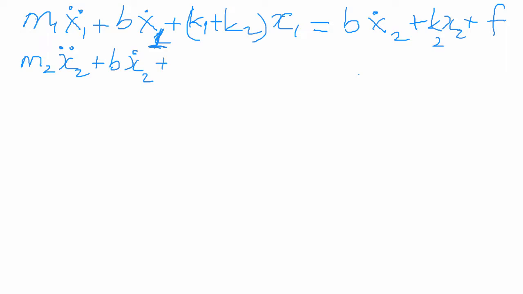Plus k2 plus k3 times x2, which is equal to b times x1 dot plus k2 times x1.